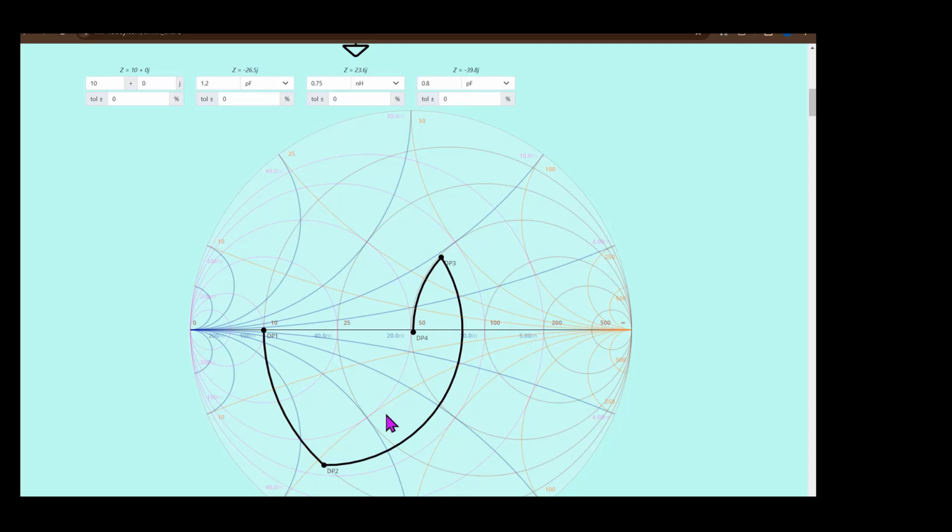Inductors typically have a quality factor between 10 and 20. Capacitors are typically better than 50. There's some frequency dependence to that as well. Okay, any other questions about matching networks? All right.